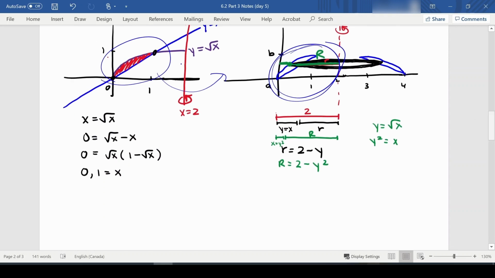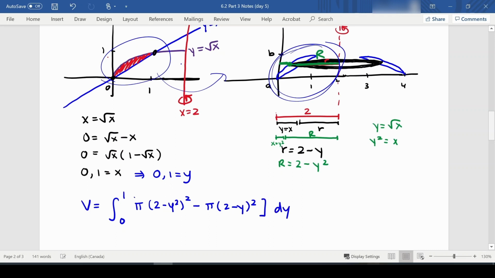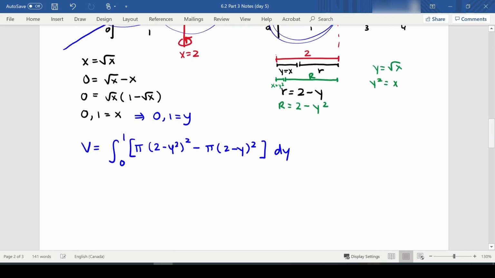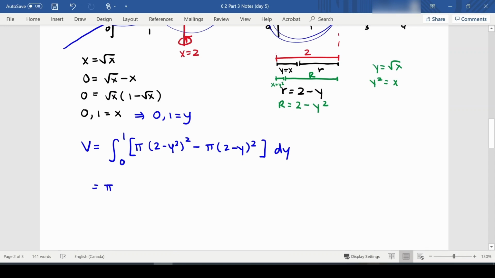So our volume is the integral from 0 to 1. Remember, if x is 0, y is 0, and if x is 1, y is 1. We have pi times big R squared minus pi times little r squared with respect to y. As before, we can take that pi out.